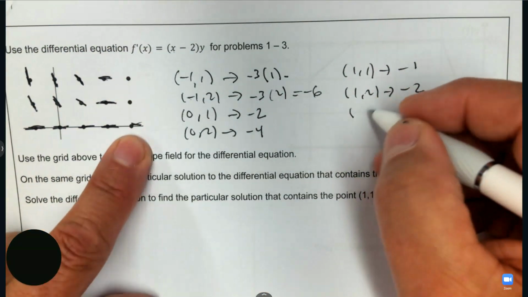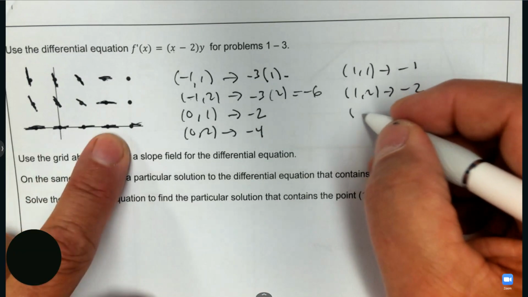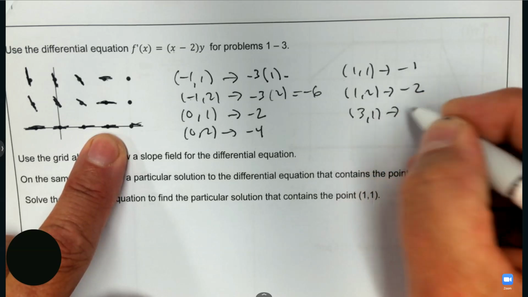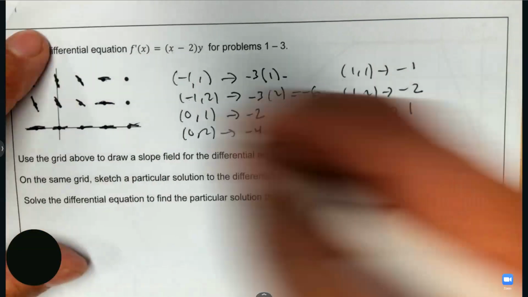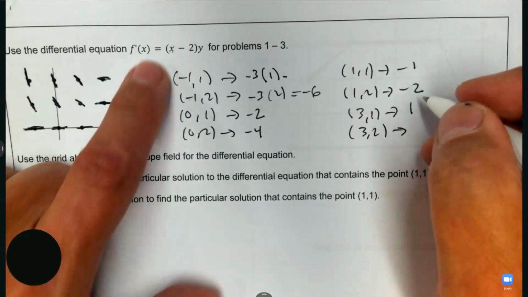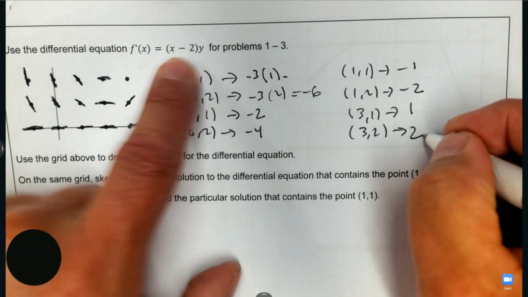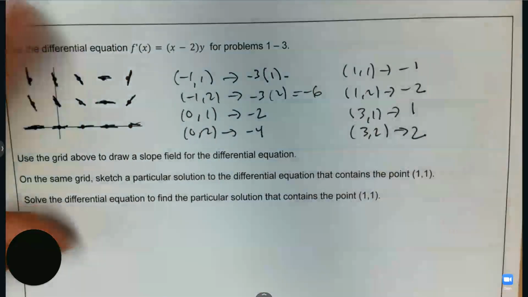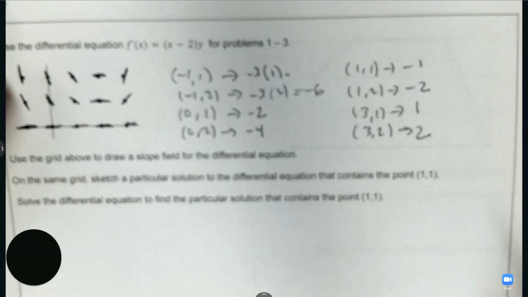And then on the other side, I think it'll be positive slope. So 3 and 1, that's 1. And 3 and 2, that's 2.